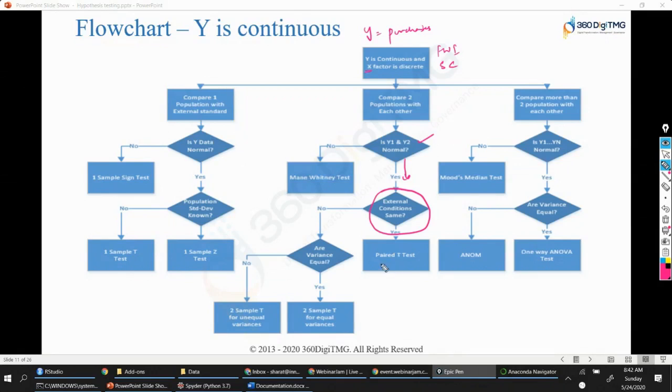So we need to see the data that we are considering in both these groups, right? And we have to see whether the factors which are influencing the value, which is purchases, is that value getting affected by any external factors.